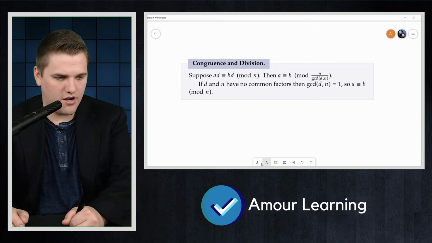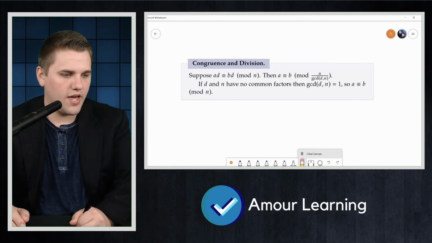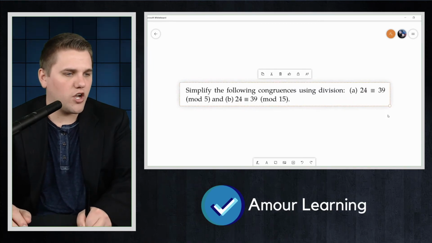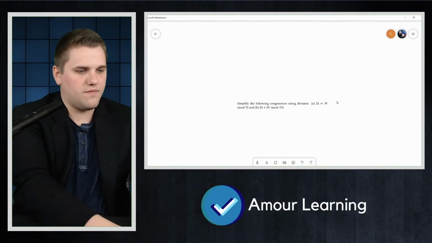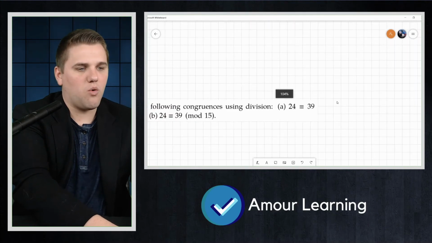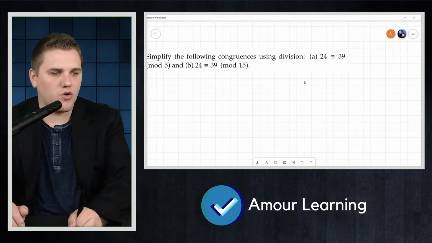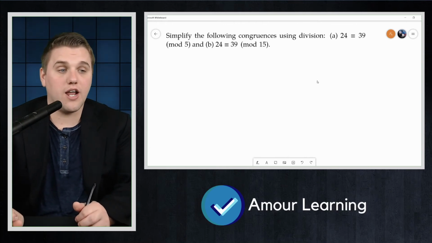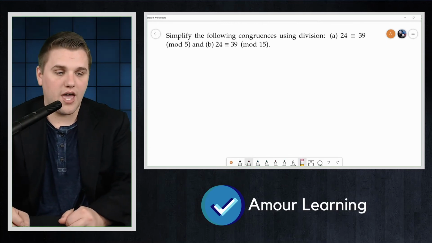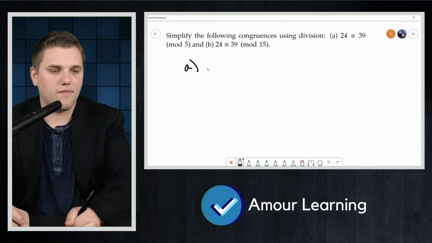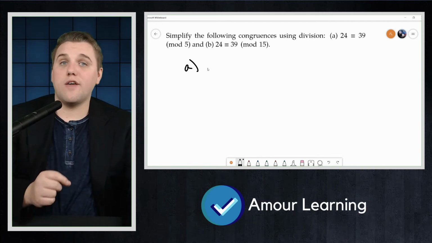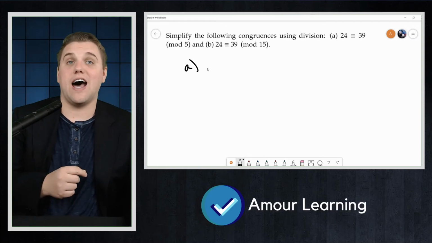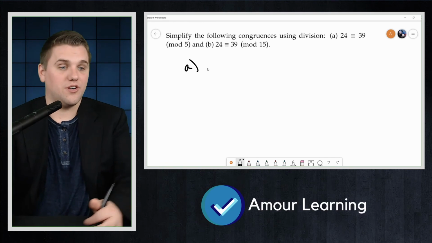I'm going to erase everything here so that I can pull up the example that I have. We're going to simplify the following congruences using division. First, we're going to work with 24, which is congruent to 39 mod 5, and 24 is congruent to 39 mod 15. Let's start with A. Both 24 and 39 are divisible by 3, and 3 and 5 have no common factors.